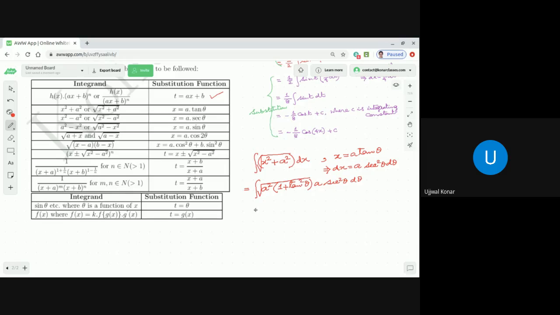And then you will get a square coming outside, and then sec square theta is equal to 1 plus tan square theta. So sec theta, so it will be sec cube theta d theta. Correct or not? Yes. And then we'll see later the method of reduction, how it is going to help us to find the integration of sec cube theta d theta. But this is the substitution you should start with. Got my point?